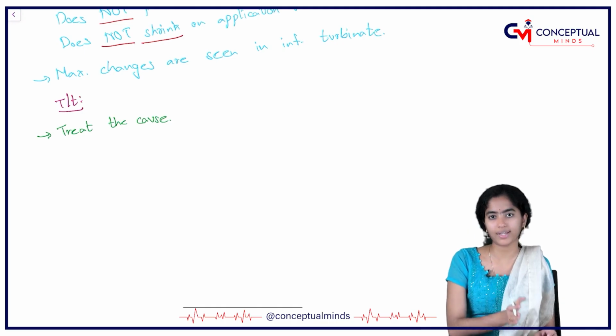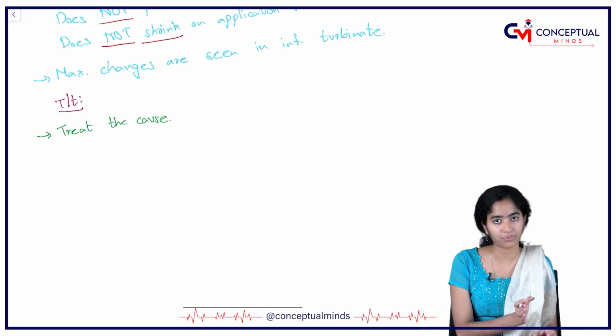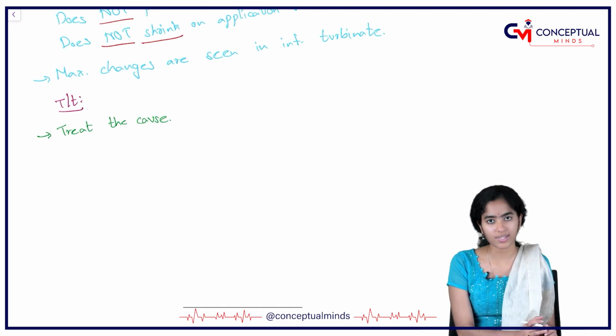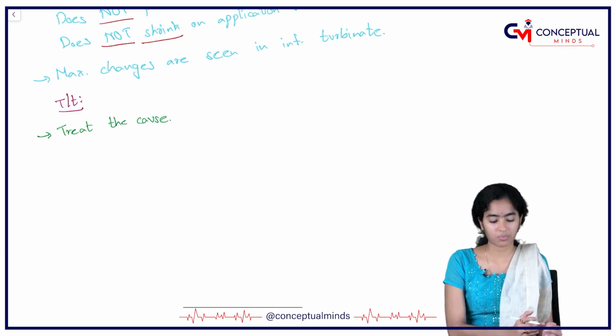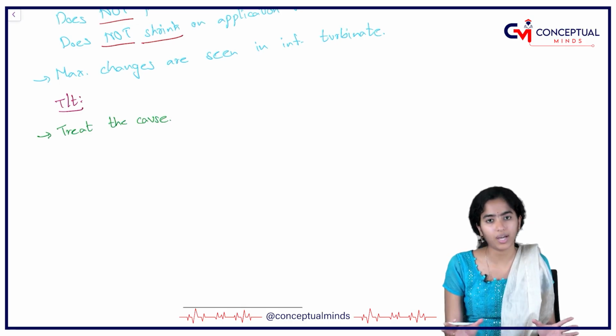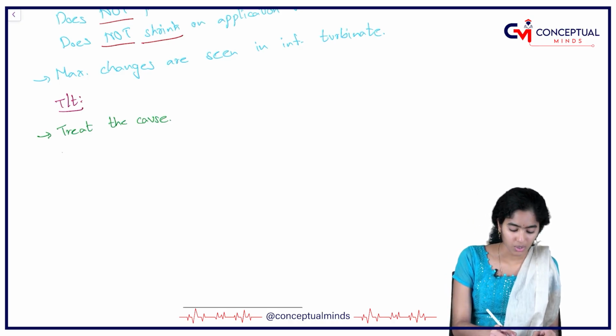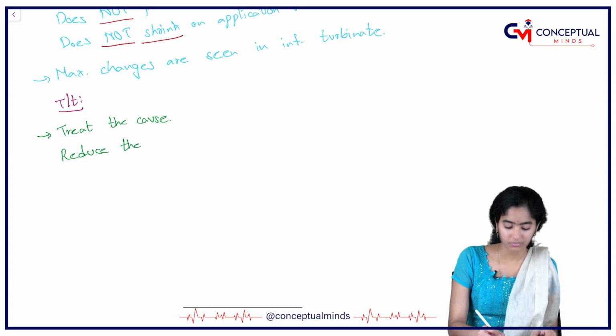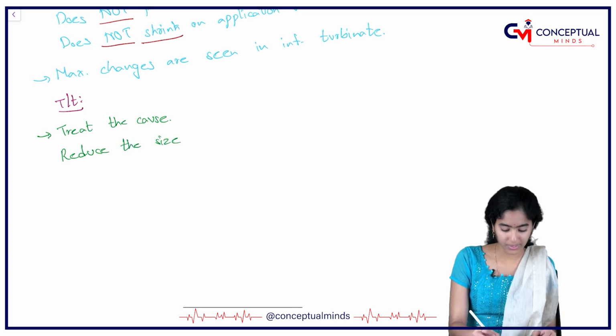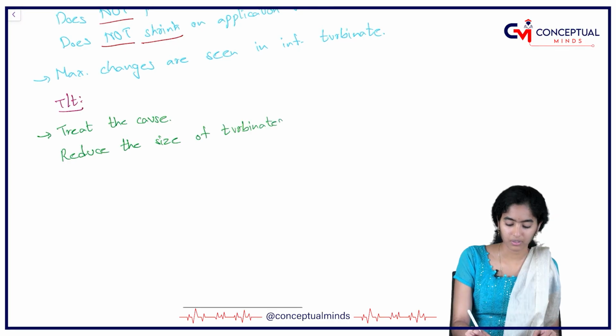At the stage of chronic simple rhinitis, if you had removed the cause, then it would have been reversible, but now the turbinates have irreversibly hypertrophied. So the only option is to reduce the size of turbinates. We have to treat the cause, plus we have to reduce the size of the turbinates.